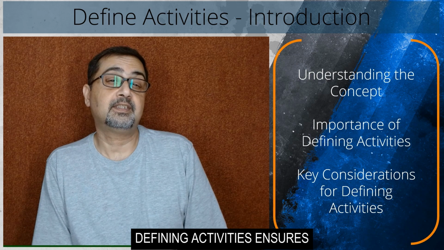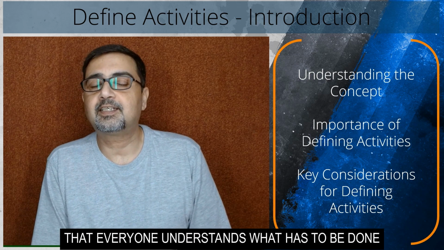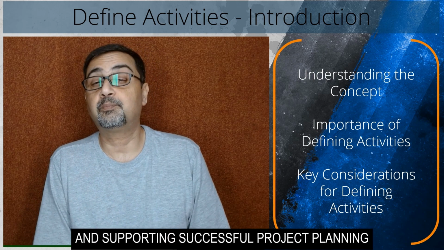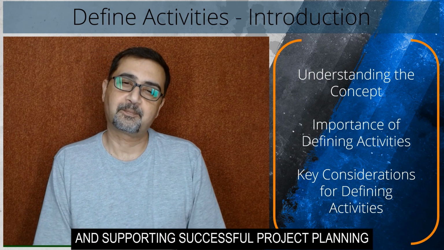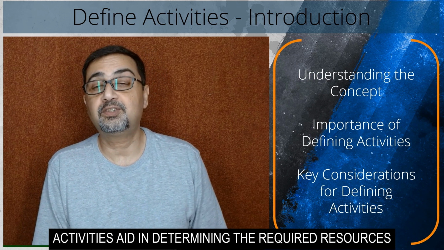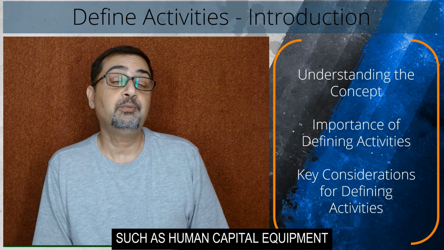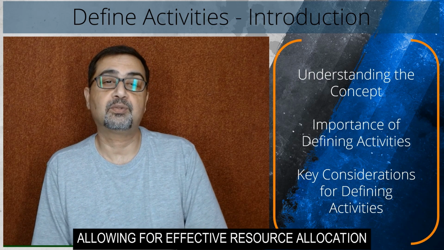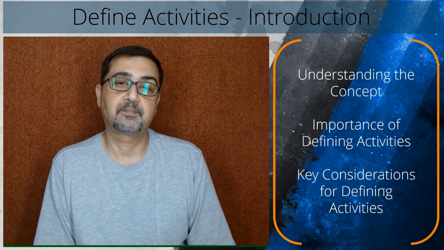Defining activities ensures that everyone understands what has to be done, minimizing uncertainty and supporting successful project planning. Resource allocation: activities aid in determining the required resources, such as human capital, equipment, and materials, allowing for effective resource allocation and management.